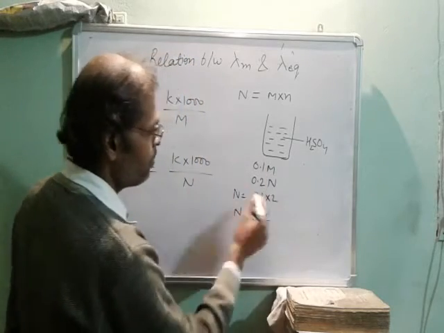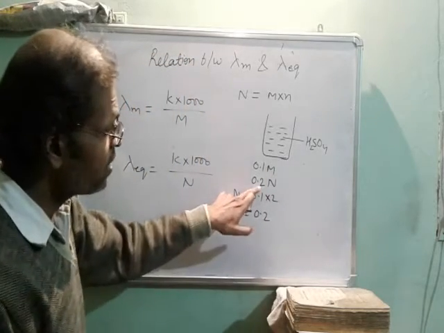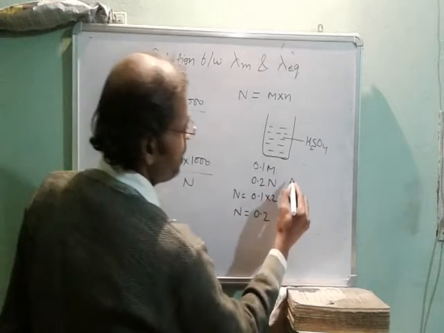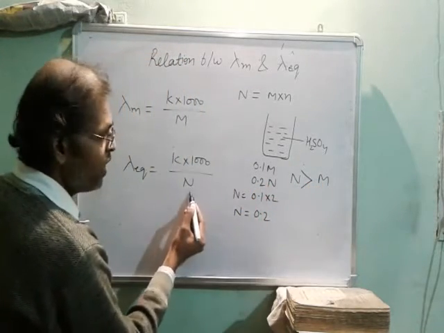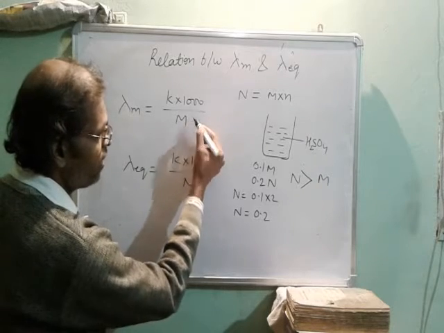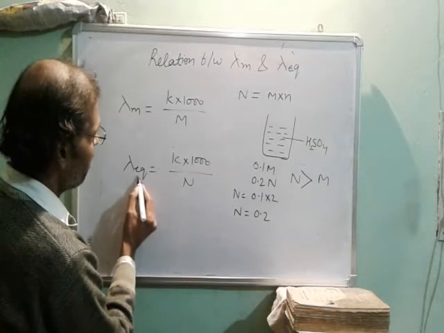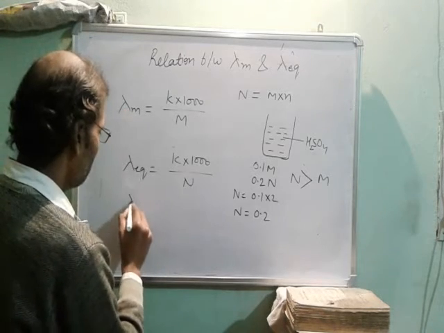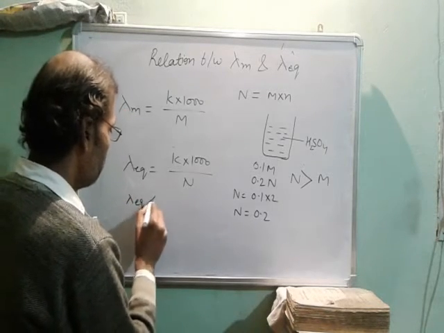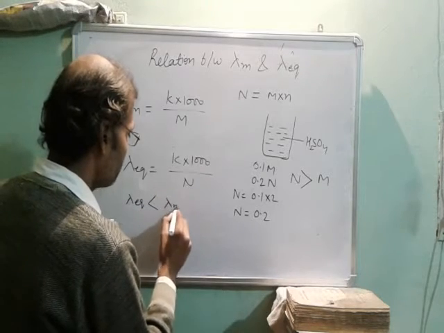So here normality will be 0.2. Value of normality is greater than that of molarity. It means the value of lambda eq will be less than that of lambda m.